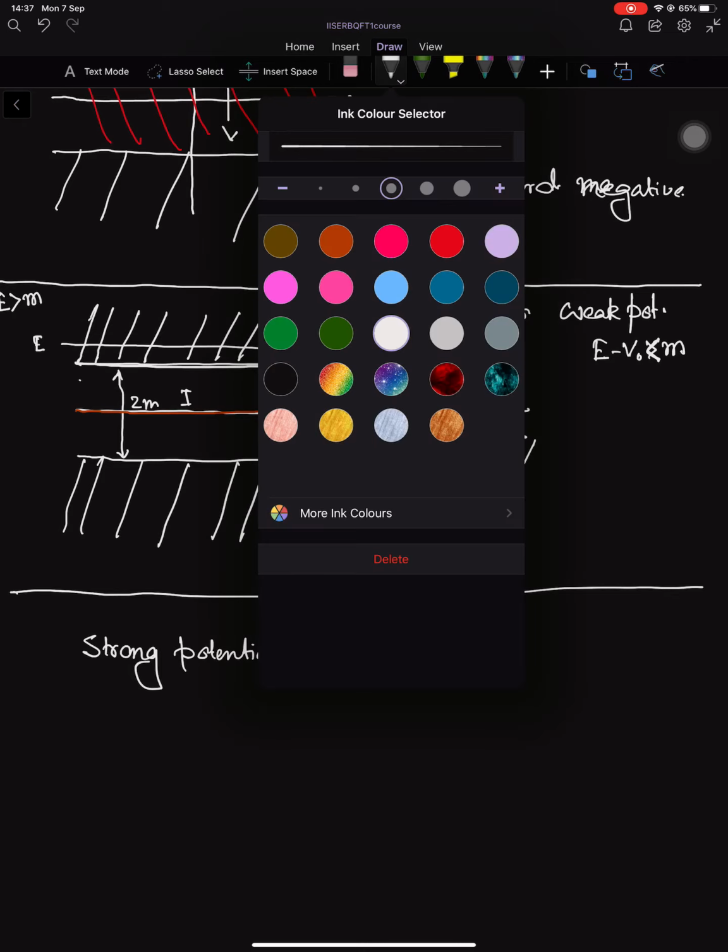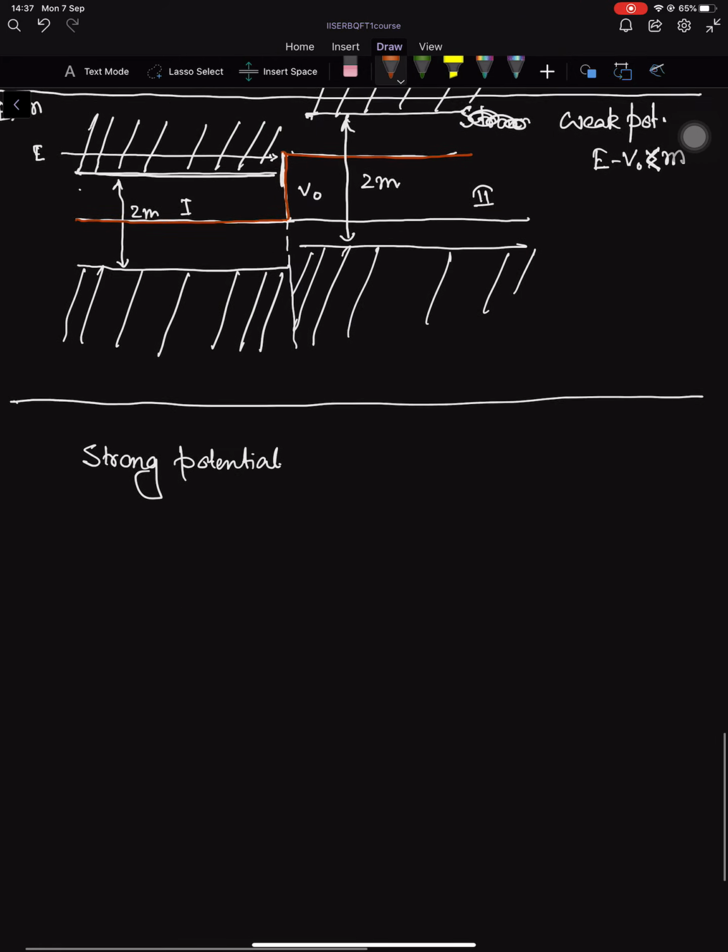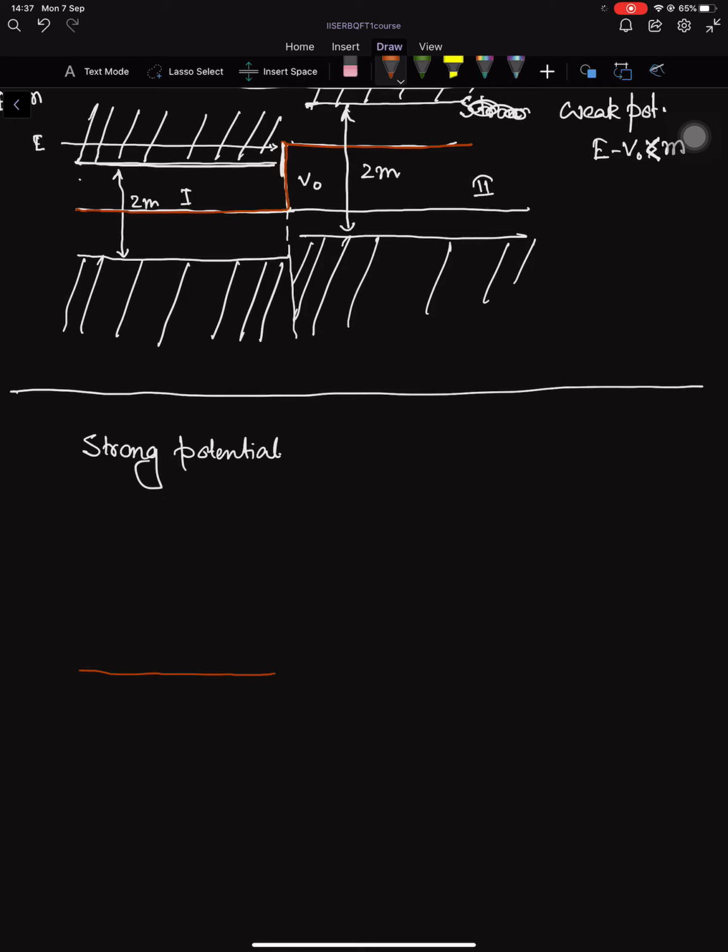So let's first draw the potential. And then in that case, what happens is that, let's say this is my, this is the energy levels here.